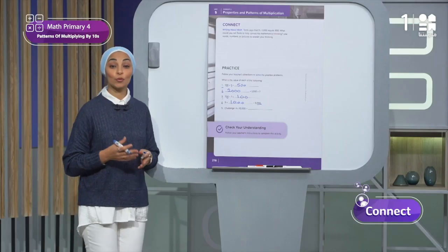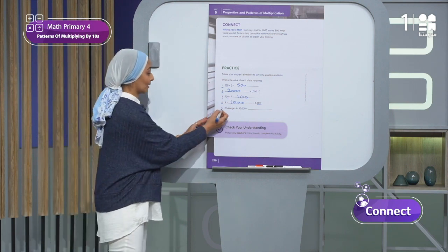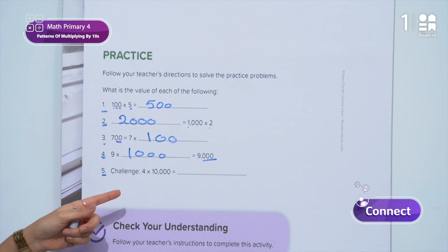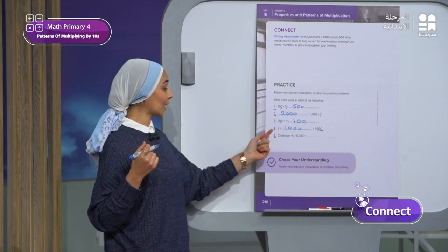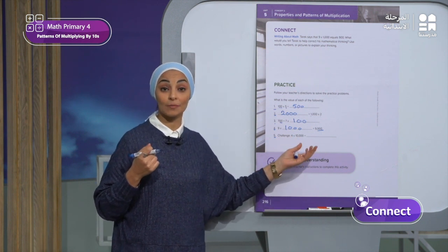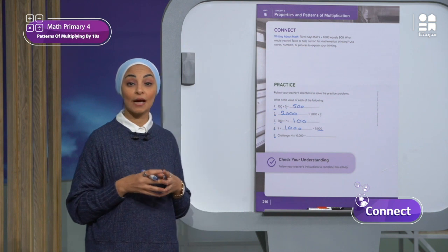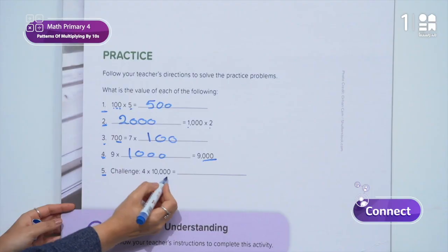Now let's move to the last problem here. It's very simple. But here is a challenge, right? Here, how can I multiply 4 times 10,000? How will I do it? It means that the answer will have 4 zeros, because I have 4 zeros here.